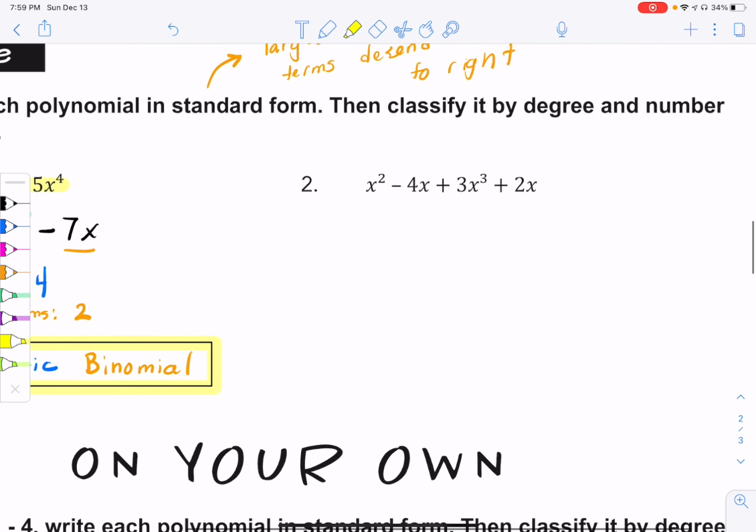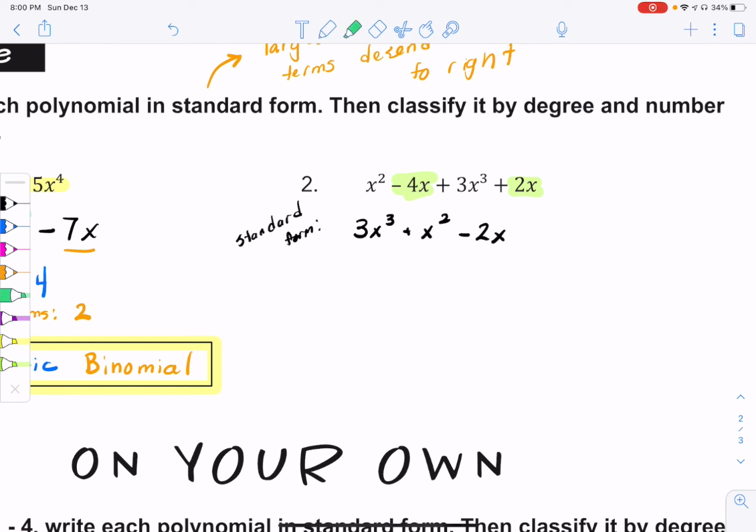For number 2, if we were to put this in standard form, we have 3x cubed plus x squared. And then we have 2 common terms. We have negative 4x plus 2x, which we can add together to negative 2x. So this here is your standard form equation.